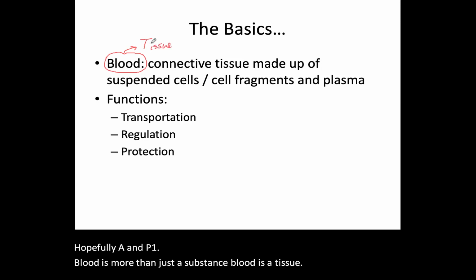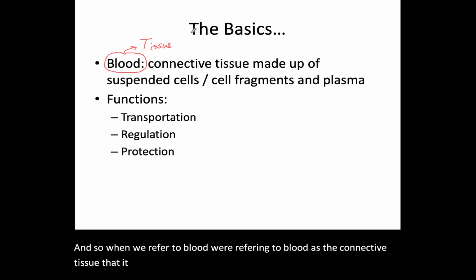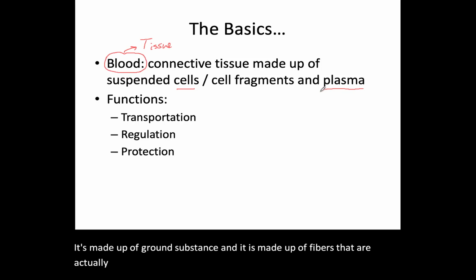And so when we refer to blood, we're referring to blood as the connective tissue that it is. And it is a connective tissue because, if you remember, it is made up of cells. It's made up of ground substance, and it is made up of fibers that are actually suspended within the plasma.